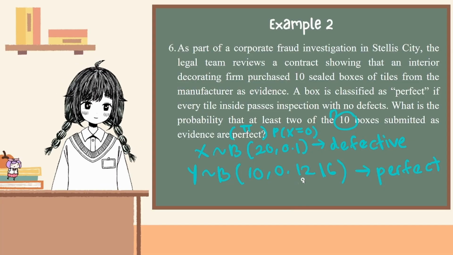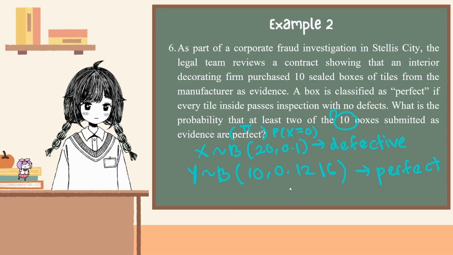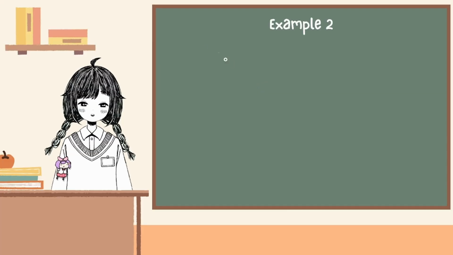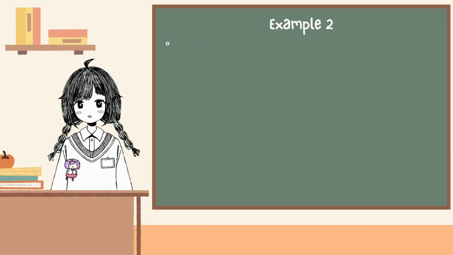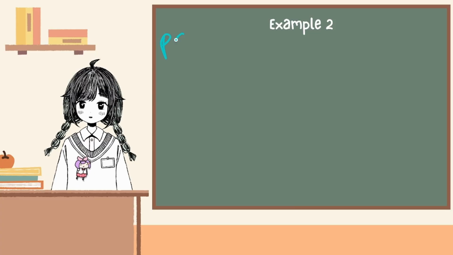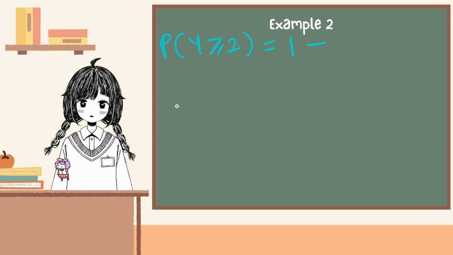So now we can solve the question. It says at least 2, so P(Y greater than or equal to 2). That means immediately we will think 1 minus.